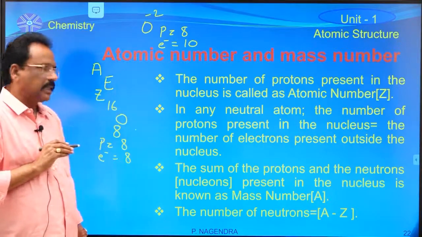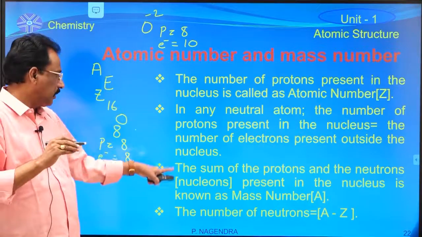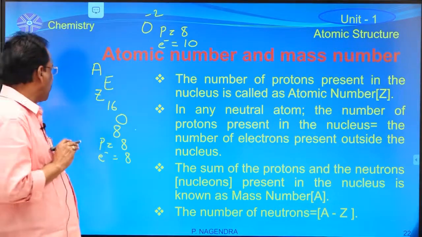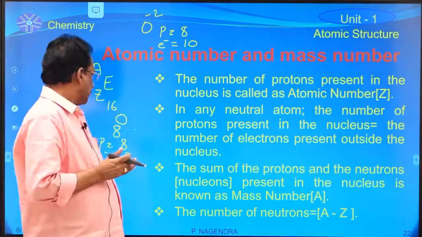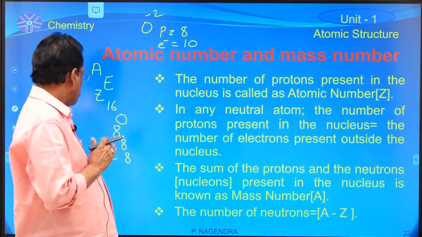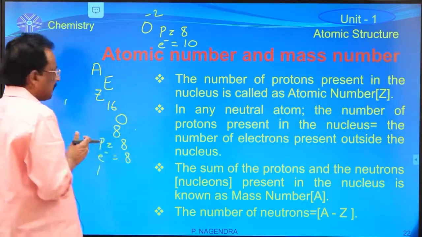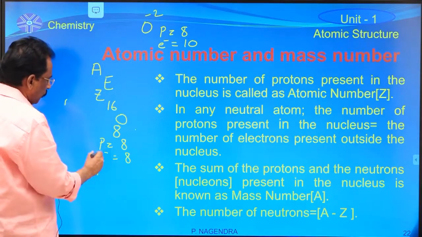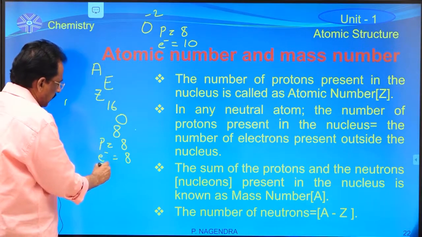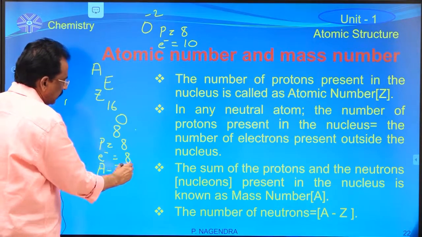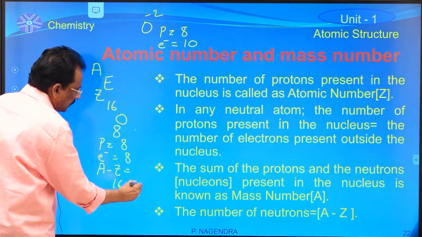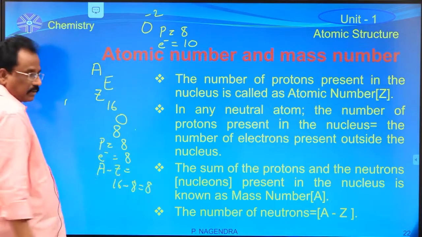The stable particles present in the nucleus are known as nucleons. That's why the number of neutrons present in 8O16 is equal to A minus Z, that is equal to 16 minus 8, that is equal to 8.